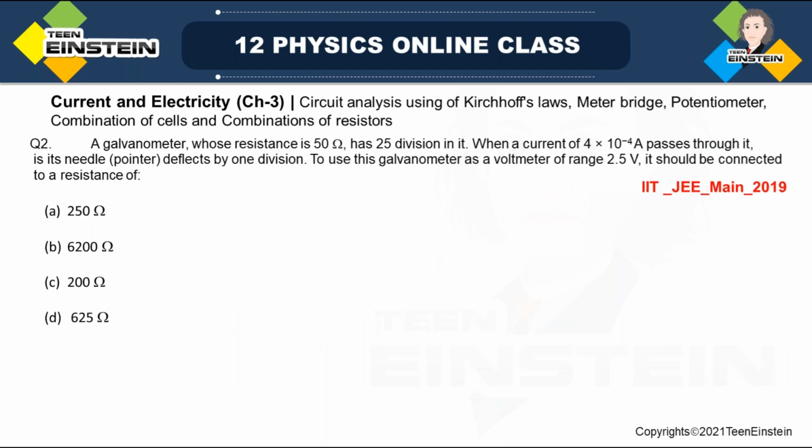So this problem says a galvanometer whose resistance is 50 ohm has 25 divisions in it.